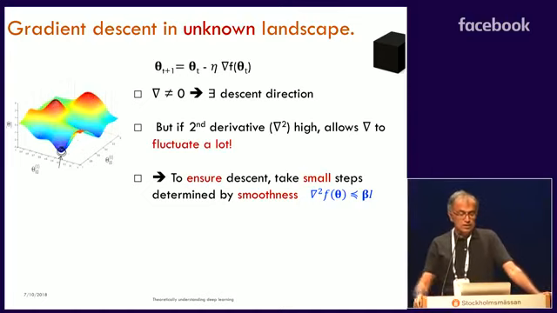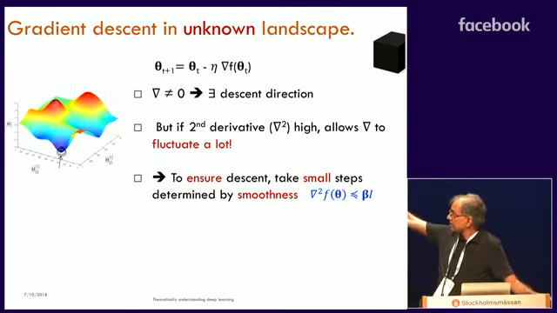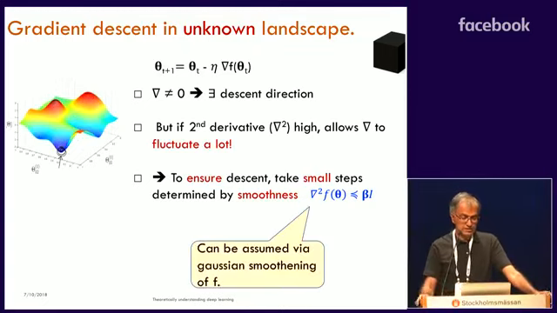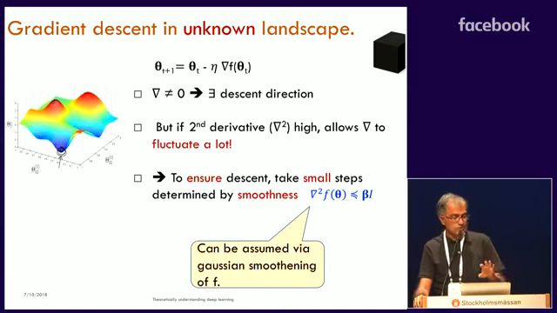This matrix is called the Hessian, and it has some bound on its eigenvalues. This bound is not going to be important. So there's some bound on the second derivative. And by the way, this bound can be assumed via some Gaussian smoothing of f, although we don't normally do that. But if you wanted to, you could do some Gaussian smoothing.